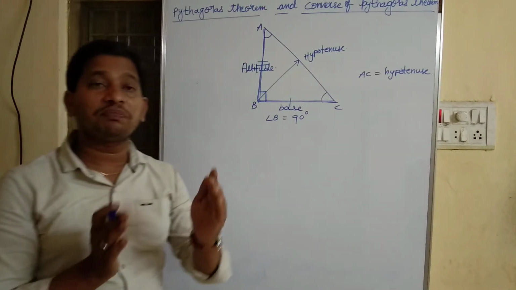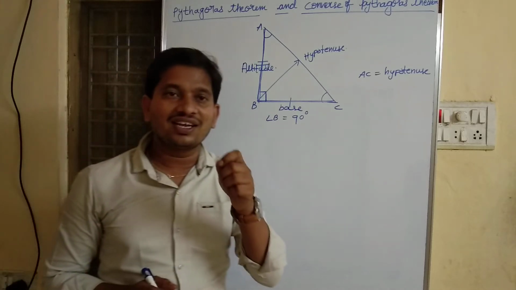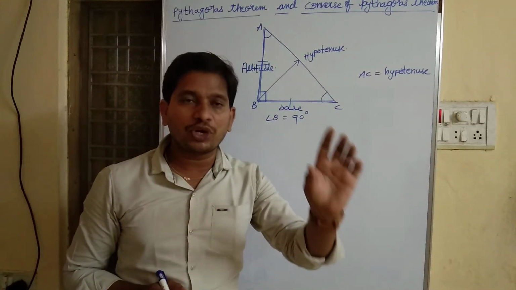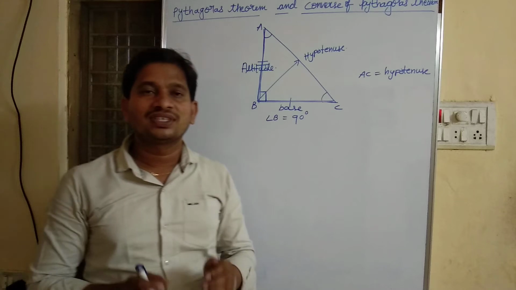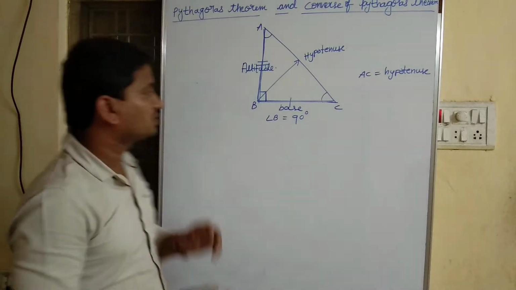So what is the statement of Pythagoras theorem? In a right angle triangle, the square of hypotenuse is equal to the sum of the squares of the other two sides. What is that?